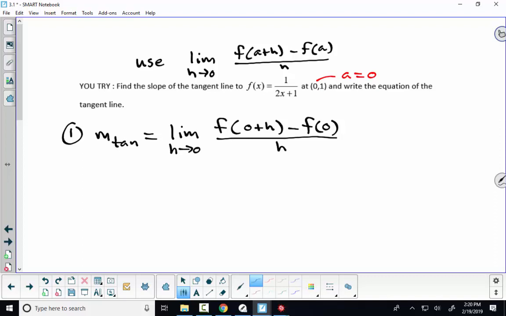And then we look at what we're given, f of h. We know what f of h is. f of h is 1 over 2h plus 1 minus f of 0, which is our y value, given as 1.